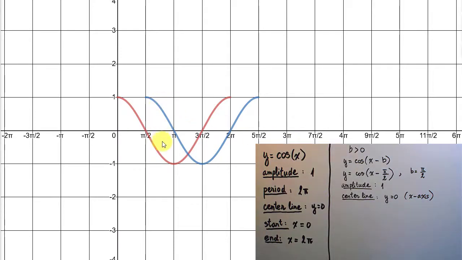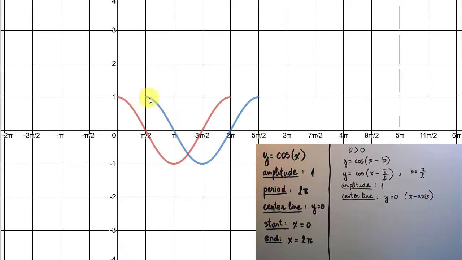And now looking at the period, this one base unit of our cosine of x minus pi over 2 has a start at about pi over 2. It has an end at about 5 pi over 2, and I will list that out at the end.